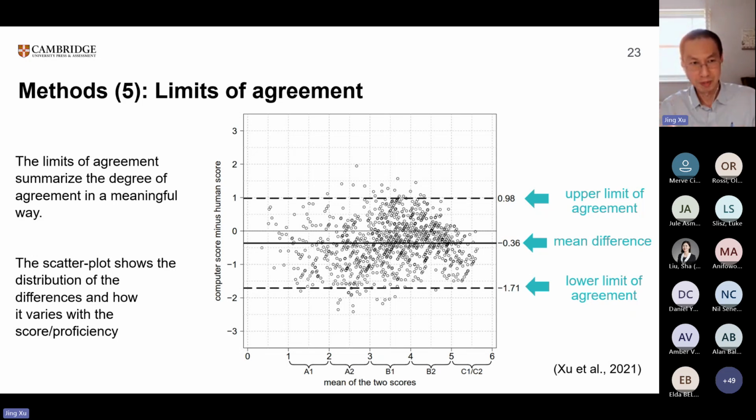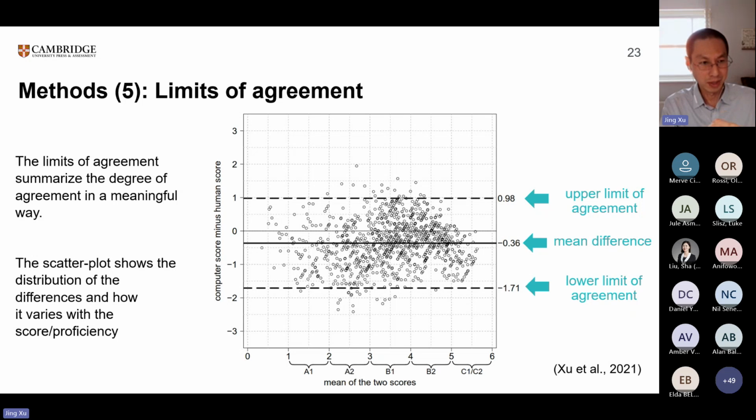And then you can see the upper limit, which is in the worst case, like a 95% interval, where the difference between computer and human is about 0.98. But in some cases, it could be minus 1.71. It shows the range, and you can see the data points across the score scale.